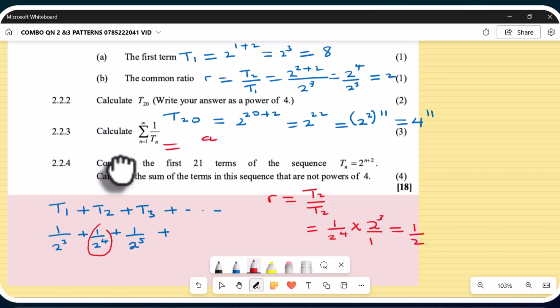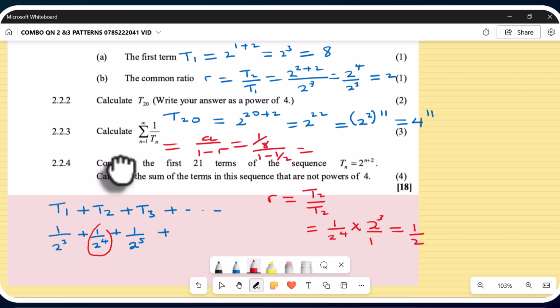Now you can put in red the terms that are not a power of 4. All of these continue until the last, 2 power 23. Because this was geometric, you can get a common ratio.